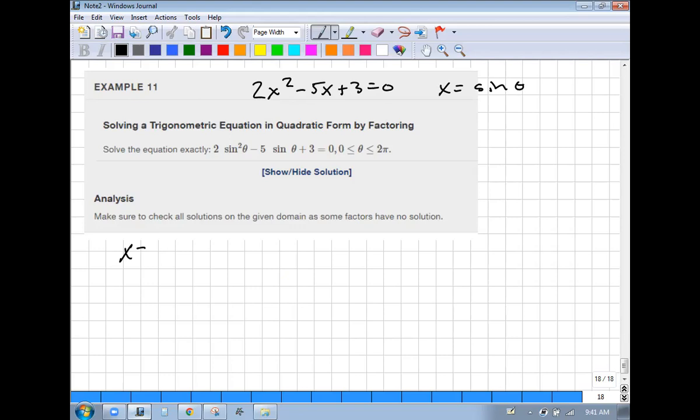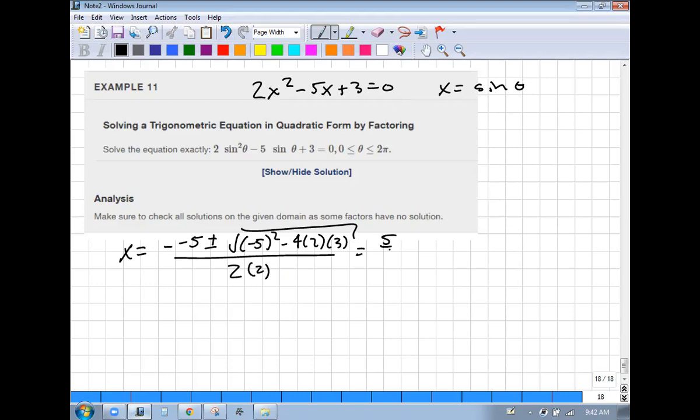So x would be, and notice they already laid it out all nice. If these were all rearranged, y'all know your algebra. You try to turn it into something that looks like this, right? You know how to do that. So x would be negative b plus or minus the square root of b squared minus 4ac, all over 2a.